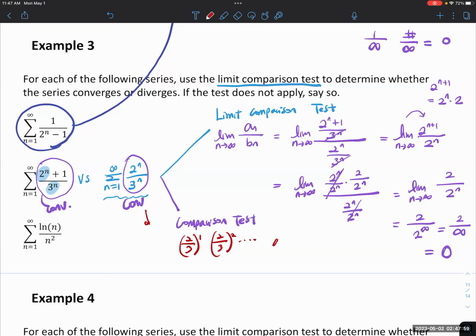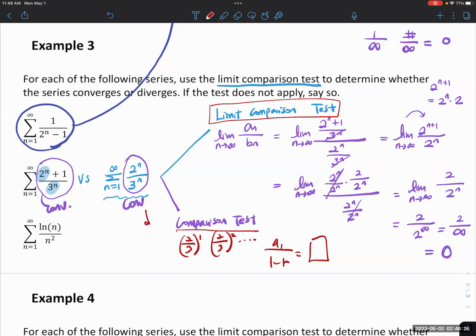You can find a over 1 minus r, so it's going to be heading to some number anyway. So it's a convergence as well. But what I'm showing you in this question is the limit comparison test using limits. We proved the limit is going to be 0, which is a convergence. So the answer is also convergence. It doesn't matter whether you use the comparison or limit comparison test, they're going to give you the same answer.